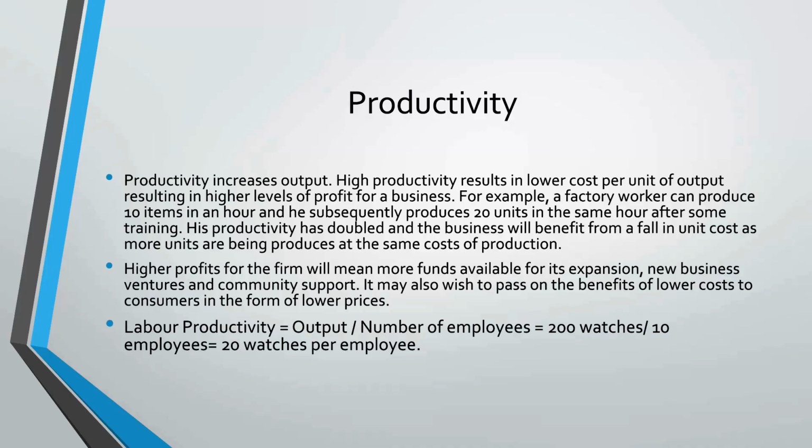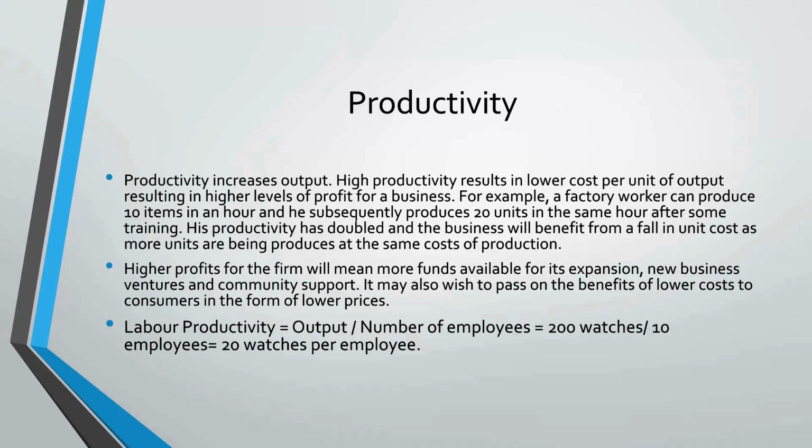And that is beneficial to the business because the unit cost for producing the units would be lower. Higher profits for the firm will mean more funds available for its expansion, new business ventures, and community support.